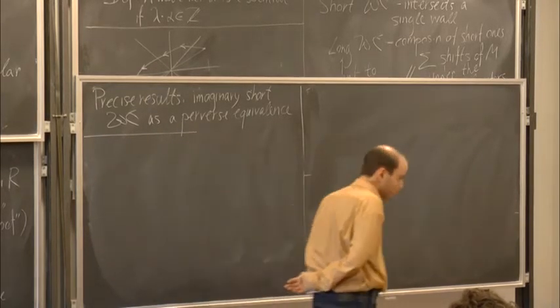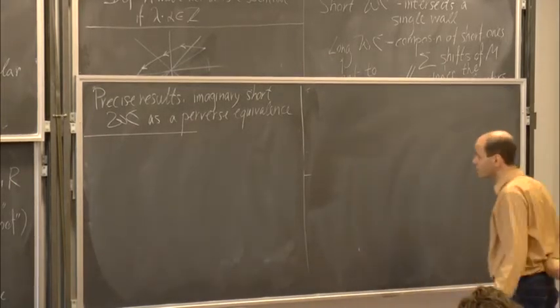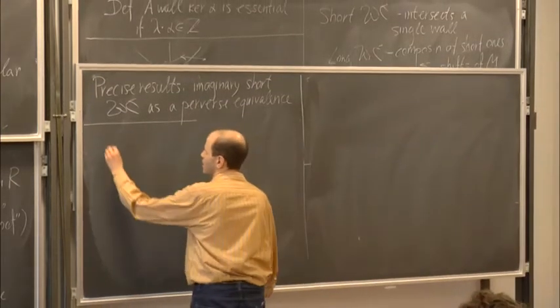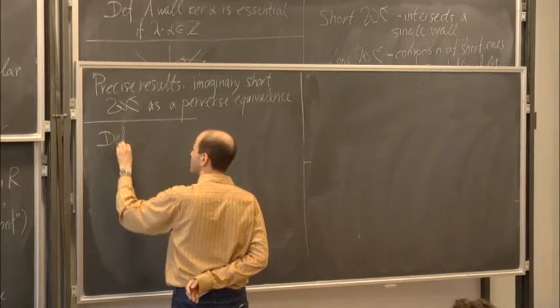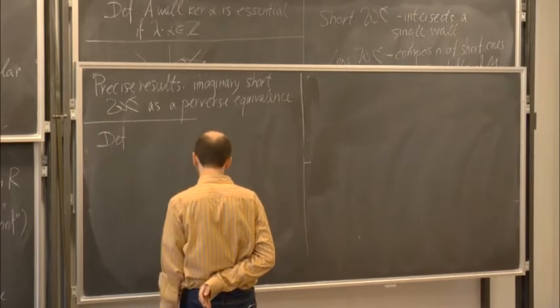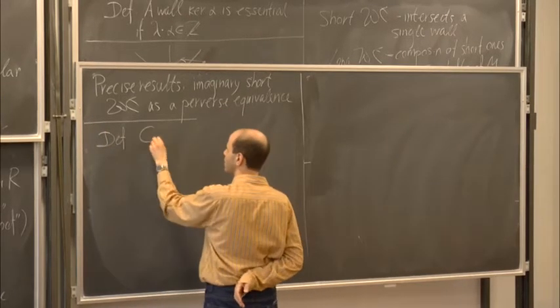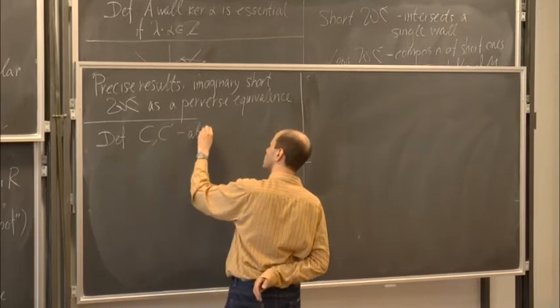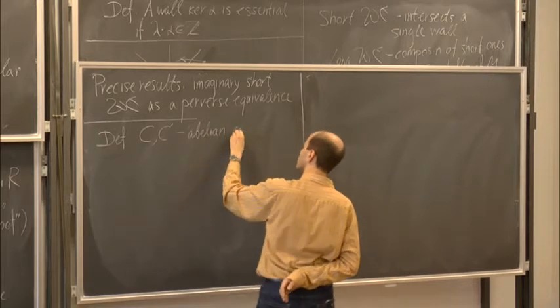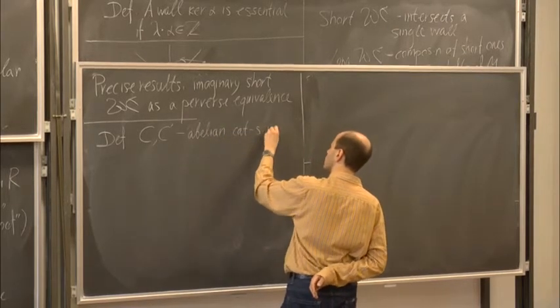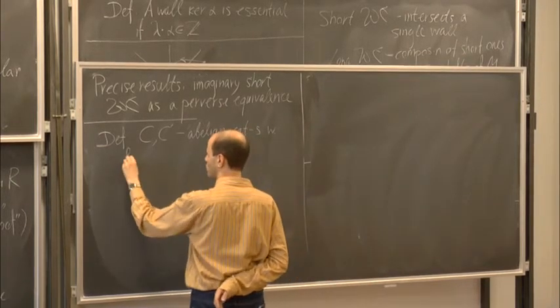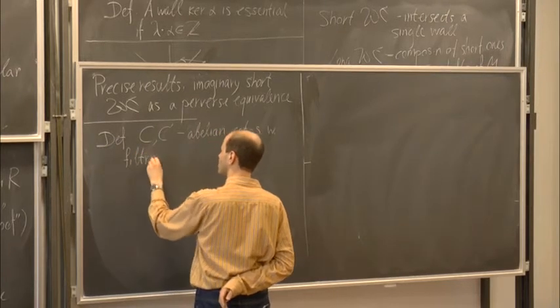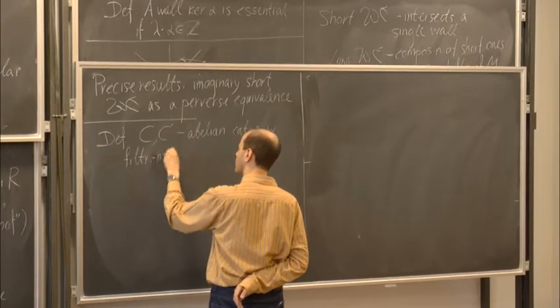All right, so I'm going to start by giving a general definition. Suppose that I have C and C' two abelian categories with filtrations by subcategories.